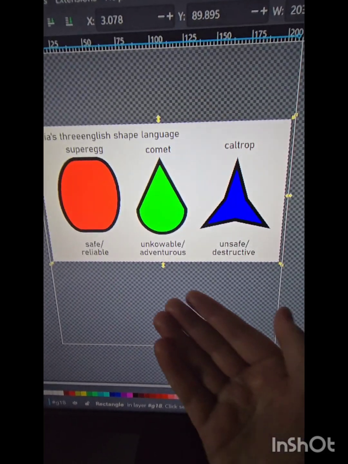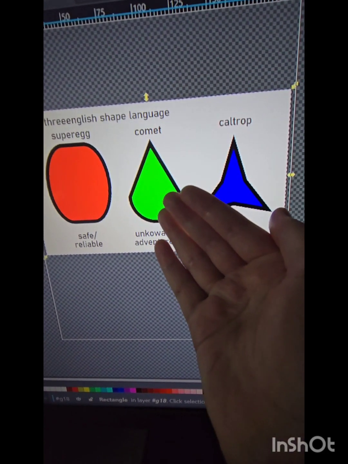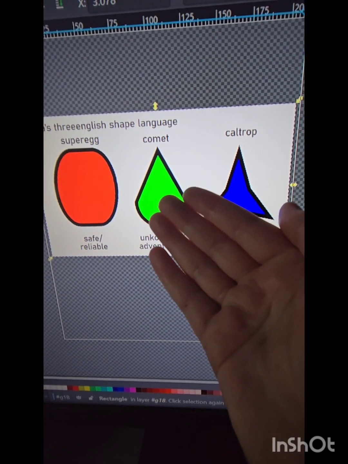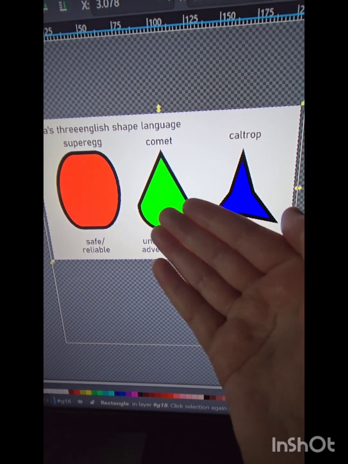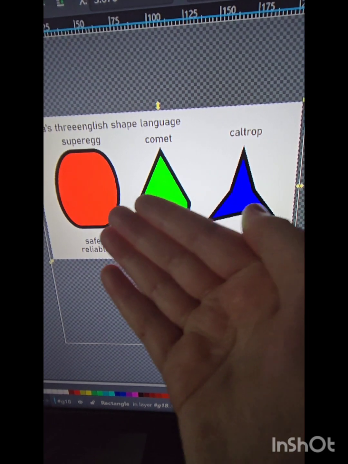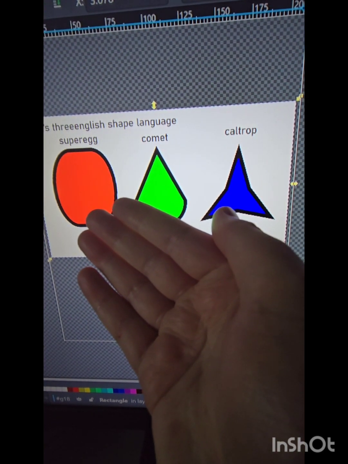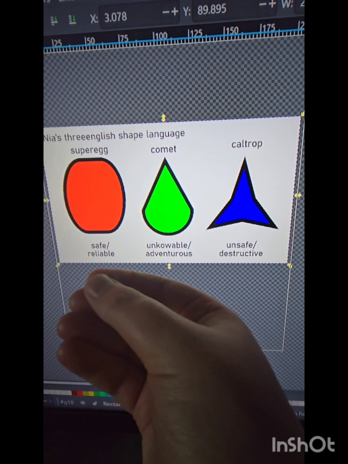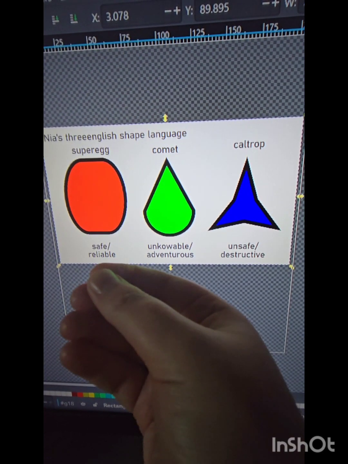But basically, the comet represents instability and motion, whereas this represents comfortable stability and stationariness.